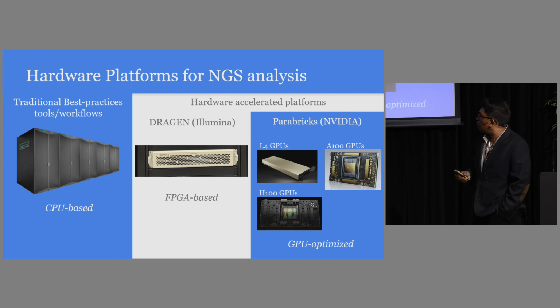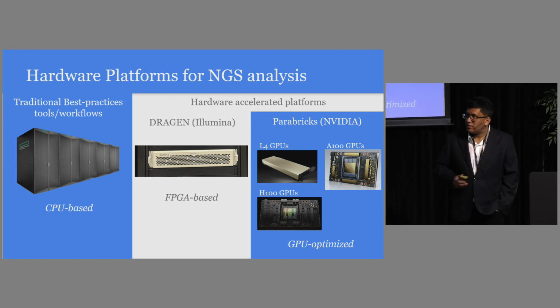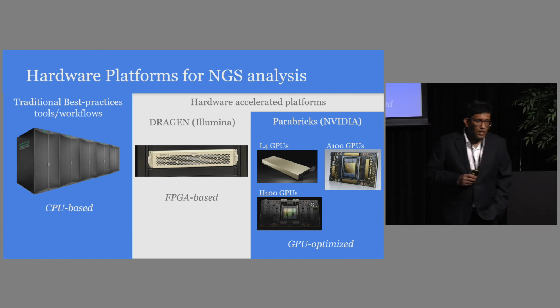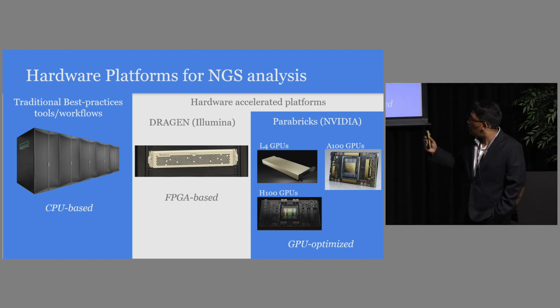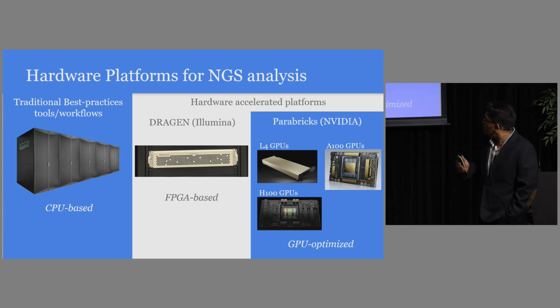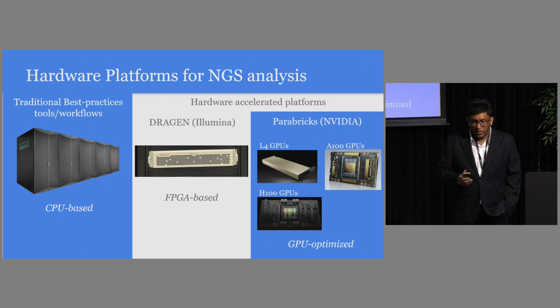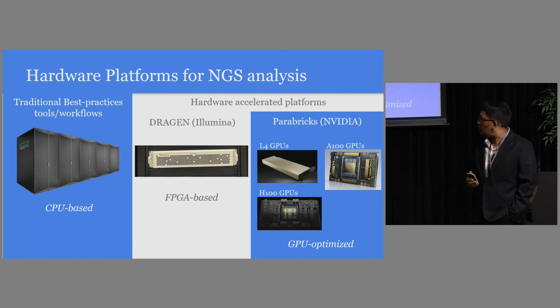DRAGEN uses field programmable gate arrays to optimize for NGS analysis. These are specialized chips that can be programmed to run a specific process. DRAGEN allows us to use FPGA to run NGS analysis. Parabricks is from NVIDIA. It is an application layer that helps us run NGS on GPUs.